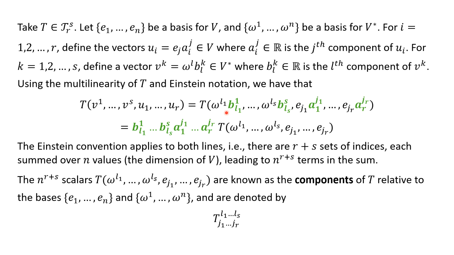And then I've just plugged in V1 here, V2 up to Vs, and then did the same thing for the different u's, u sub 1, u sub 2, all the way up to u sub r. We have this.